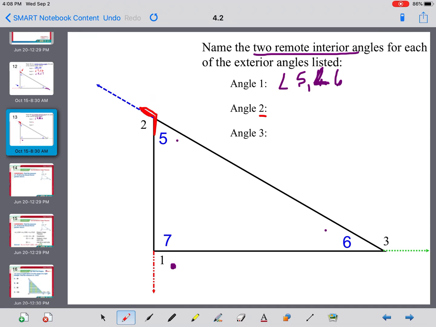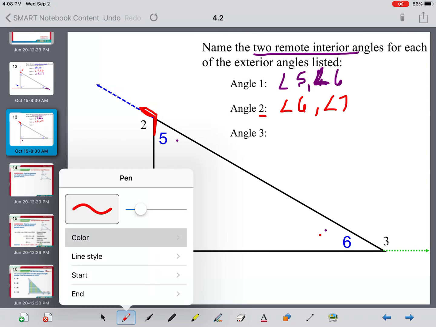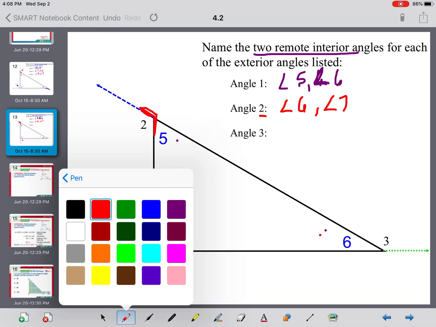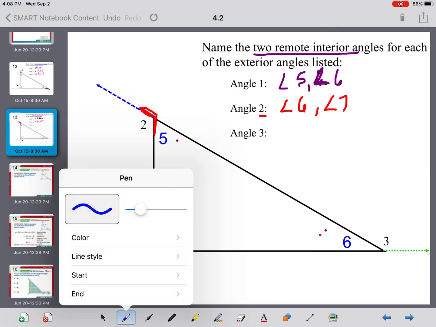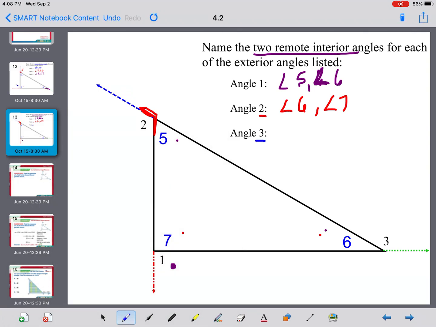Oops, didn't make my angle mark. For angle 2, which is here, the remote interiors are 6 and 7.